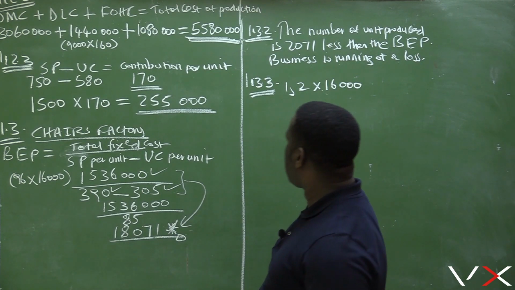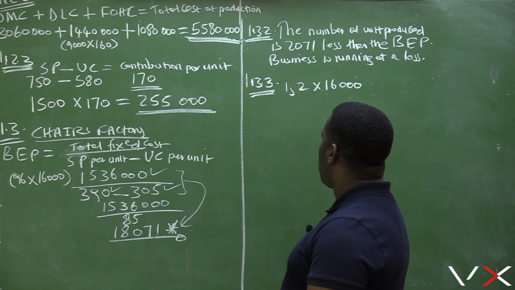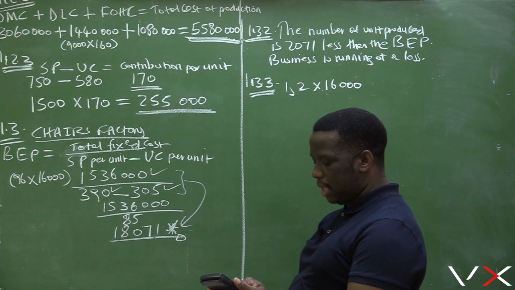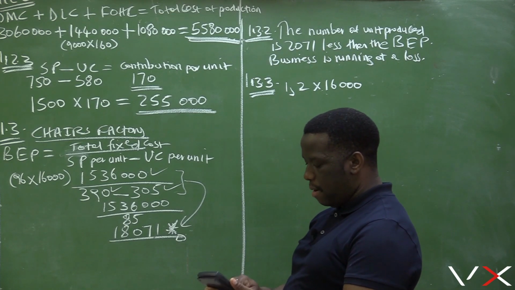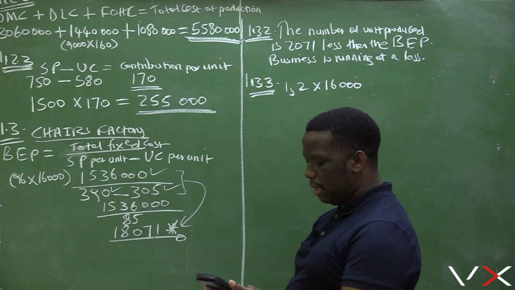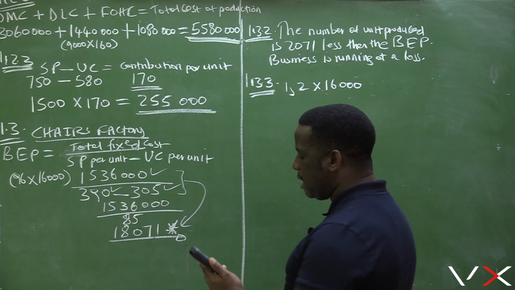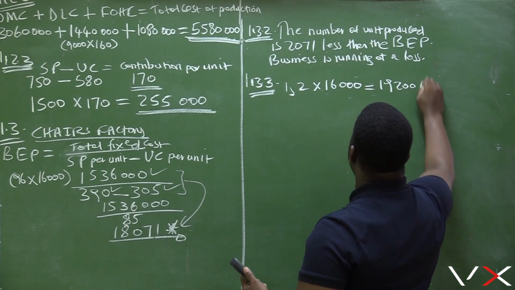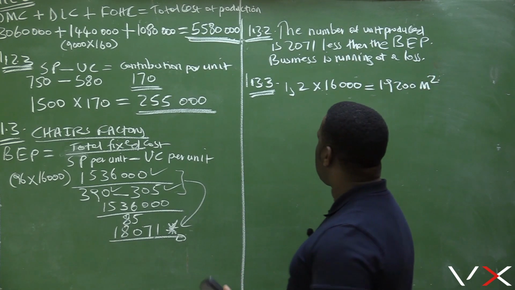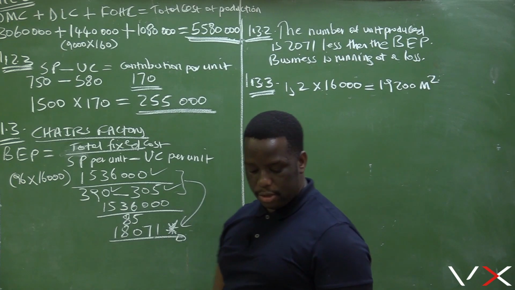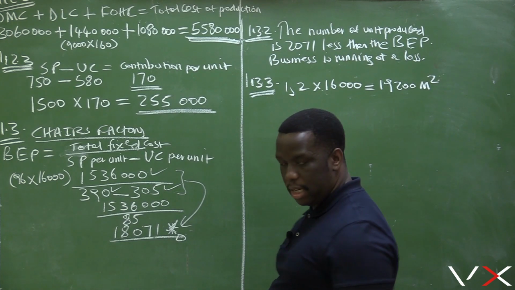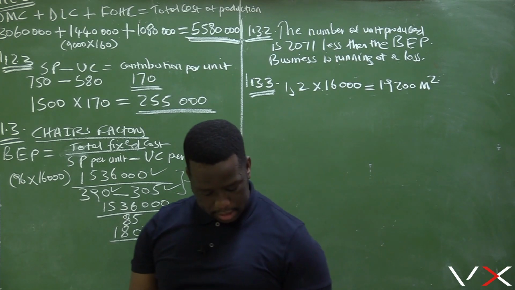If we produce 16,000, how many square meters of wood did we need? 1.2 multiplied by 16,000. So we needed 19,200 square meters. So this business needed 19,200 square meters to produce 16,000 units of chairs.